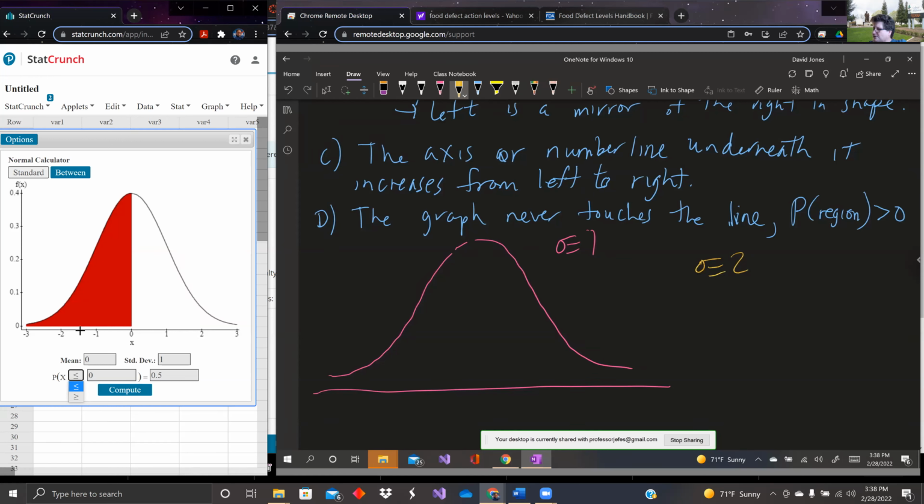The sigma equals 2 curve is going to be shorter in the center, but as it goes outwards, it's higher. That's true for all of these. The larger sigma is, the smaller the hill is, but the wider the outside parts are. It's a trade-off. The area has got to stay 1.